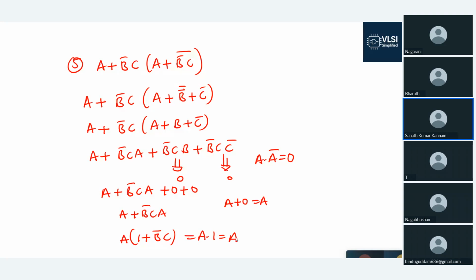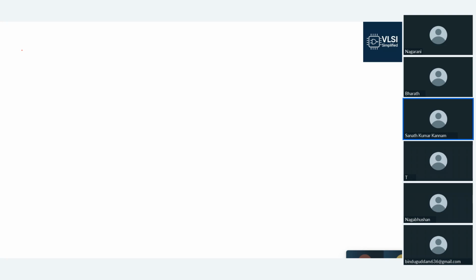Next, see this. Next one we see. If x equal to 1, then (x plus z) into (y bar z bar plus xy bar) plus z bar x plus y equal to 1.